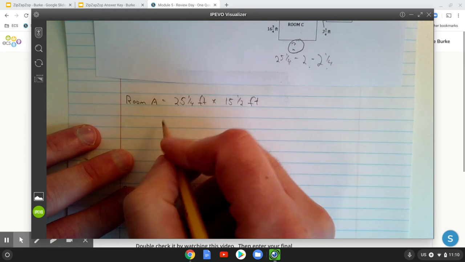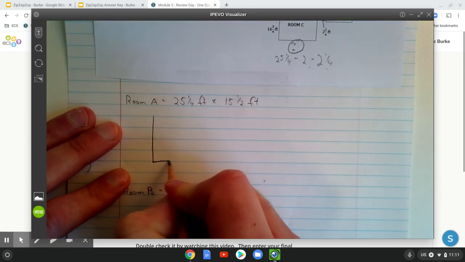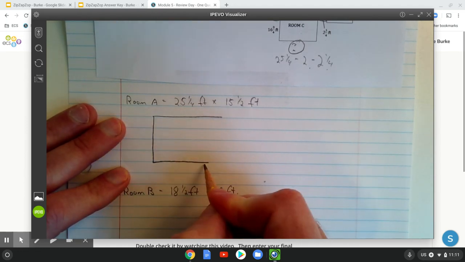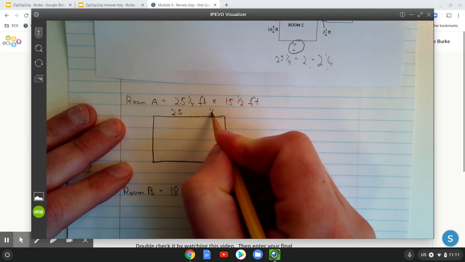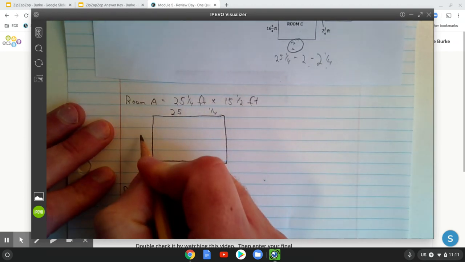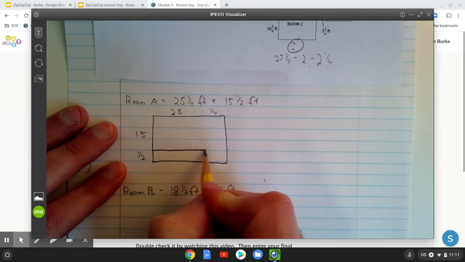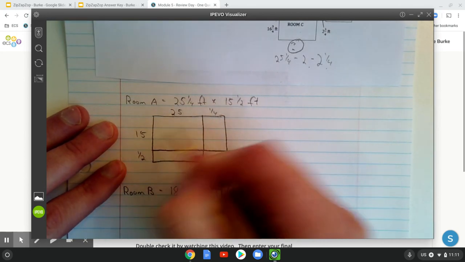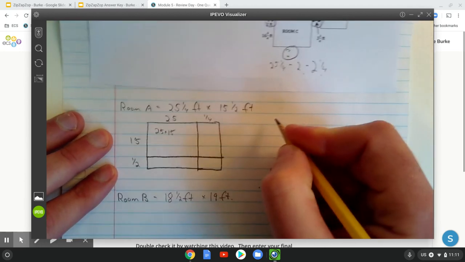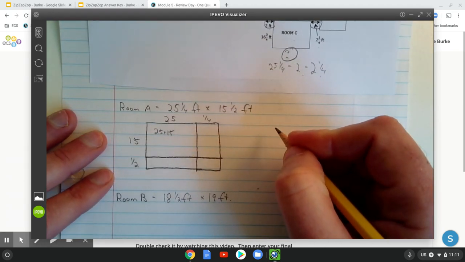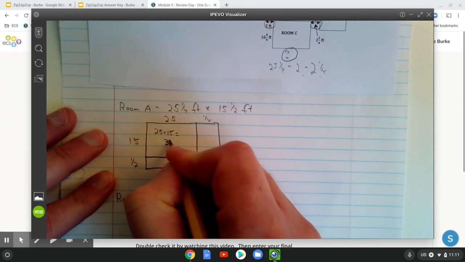So 25 and a quarter times 15 and a half, using that same area model. 25 times 15 goes here, and that's 375.